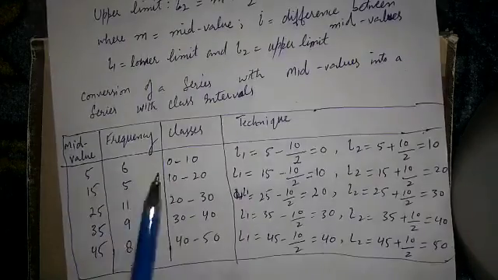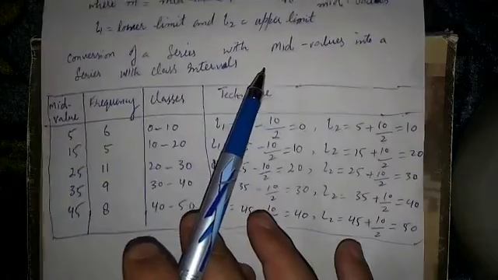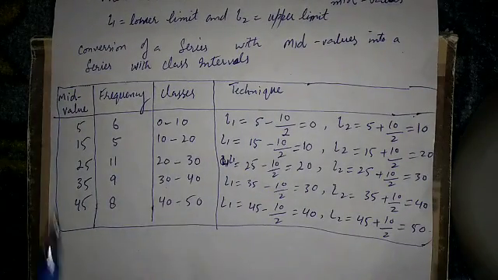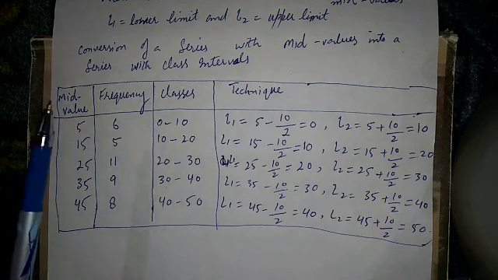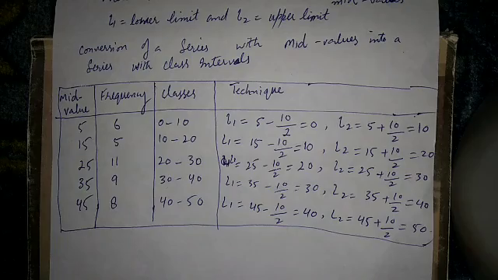Now, conversion of a series with mid values into a series with class intervals. Here's the mid value, this is the frequency. How will we convert this series into a series with class intervals? Here's the technique.